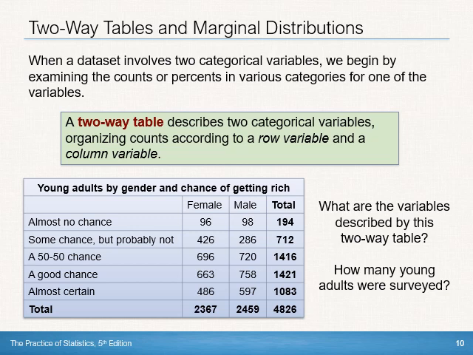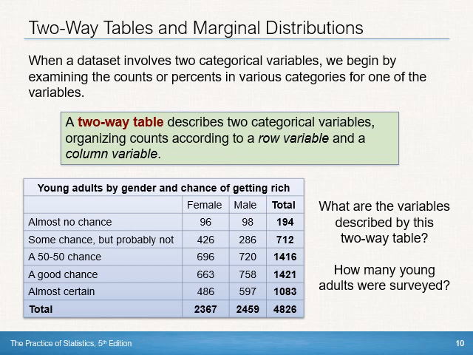We might ask young adults, how likely is it that when you're older, you'll be rich? We asked 2,367 females and 2,459 males, how likely are you to be rich? They had 5 choices: almost no chance, some chance but maybe not, 50-50, a good chance, and almost certain.